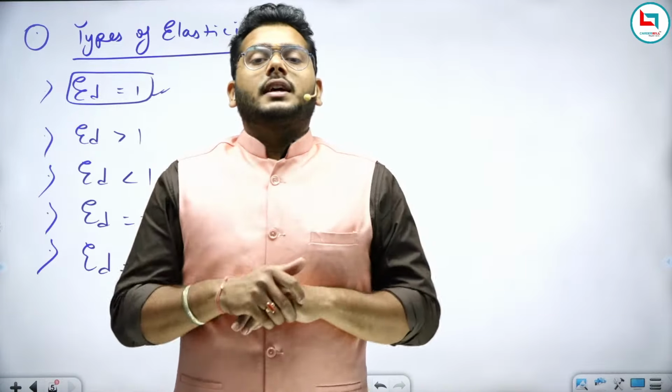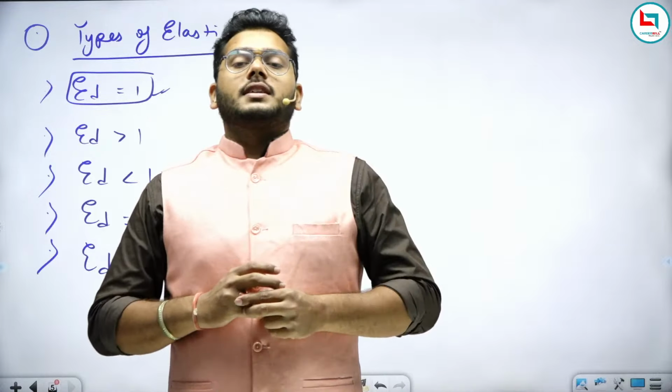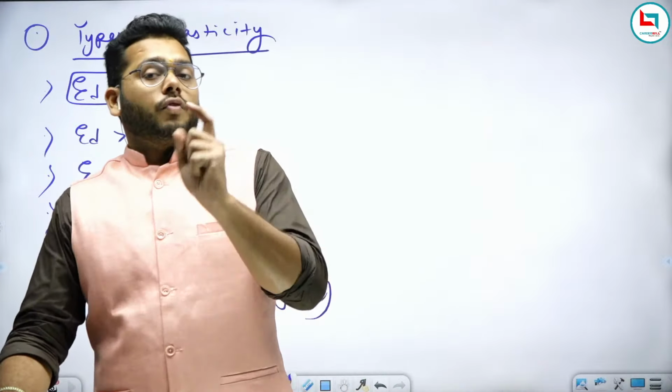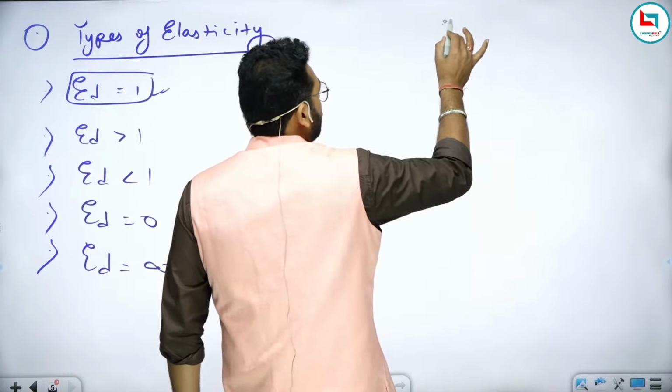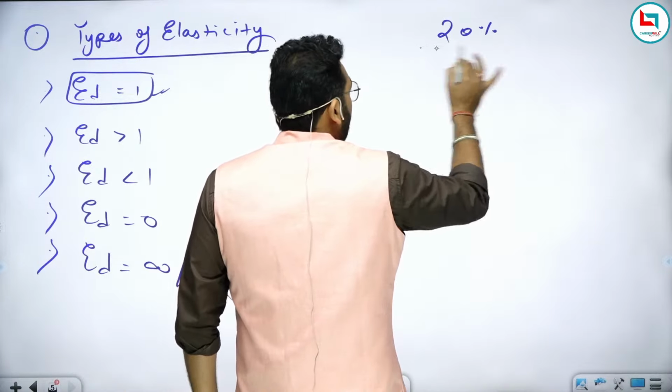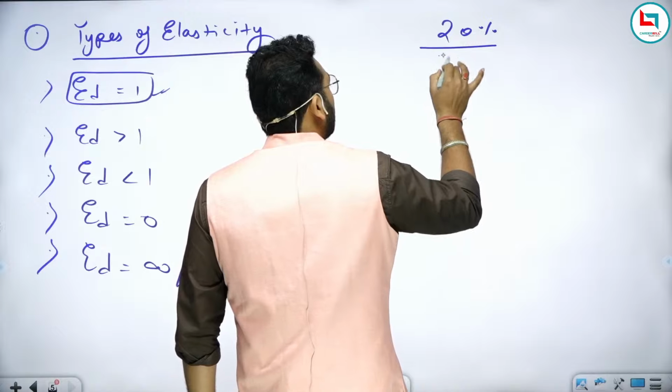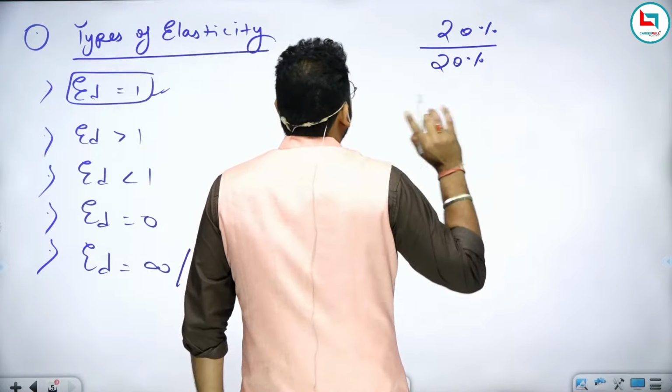So this is an equal condition. So we can say elasticity of demand is equal to 1. If the percentage change in quantity demanded is 20% with the impact of a change in price of 20%. What is the formula of ED?